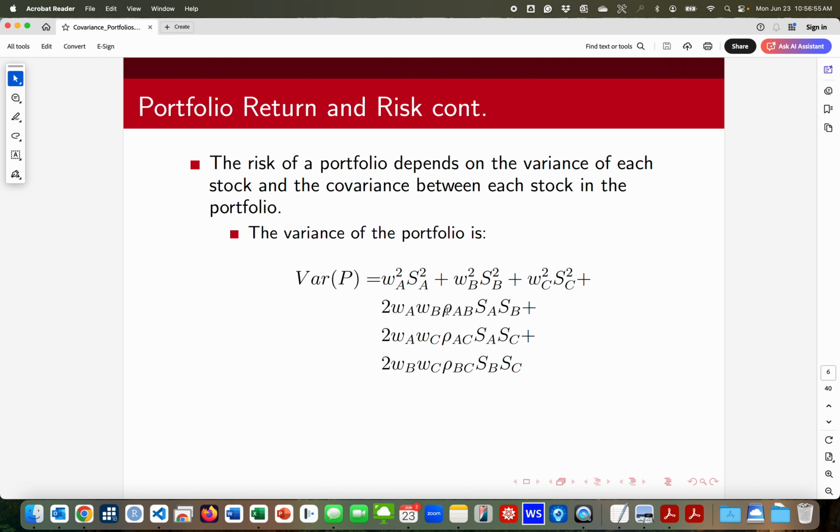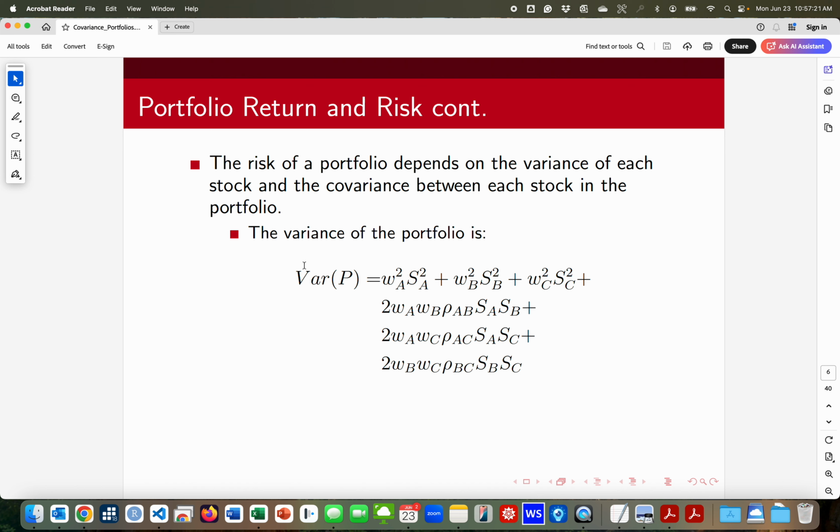So notice we have the correlation between A and B, A and C, B and C. So the variance of the portfolio depends on all of the pairwise covariances of the components in the portfolio. If we have 3 stocks, we have three covariances: A and B, A and C, B and C. So let's just say we go to 4 stocks.